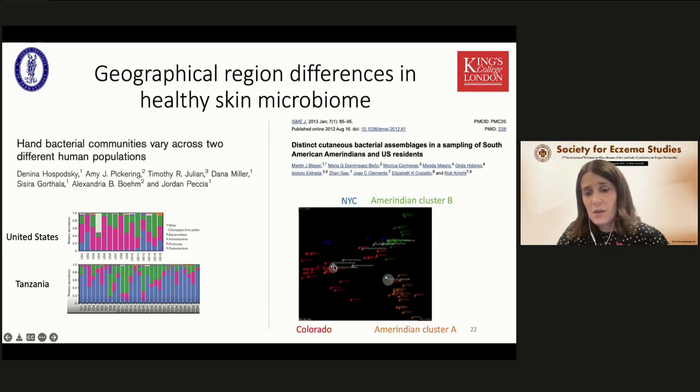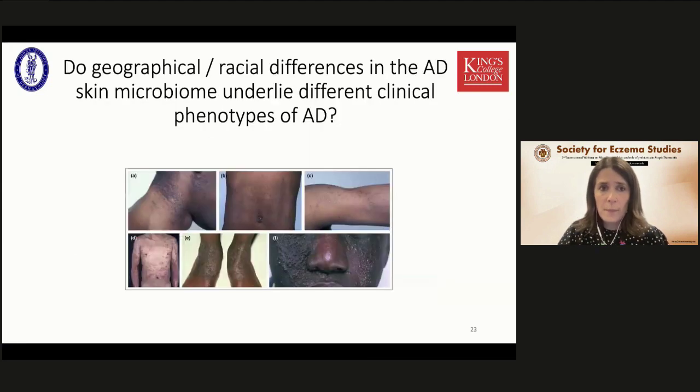And this study here looked at individuals from different parts of the US, as well as individuals from South America, and showed that based on the skin microbiome, individuals tend to cluster with others from their same geographical region. This raises the question of whether geographical or racial differences in the skin microbiome in atopic dermatitis underlie some of the different clinical phenotypes that we see of the disease.